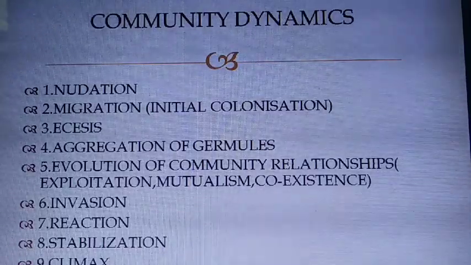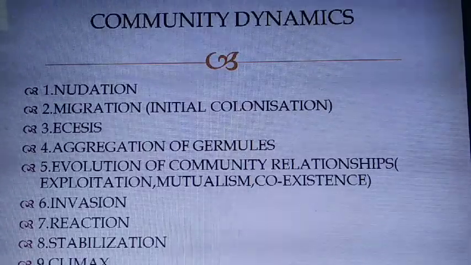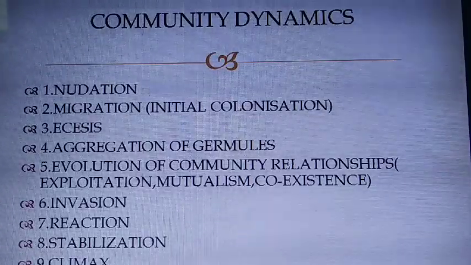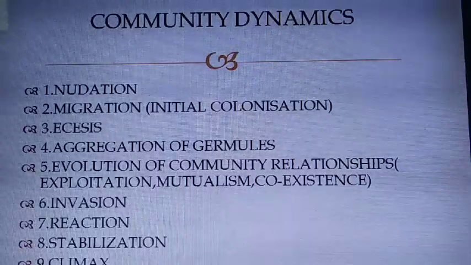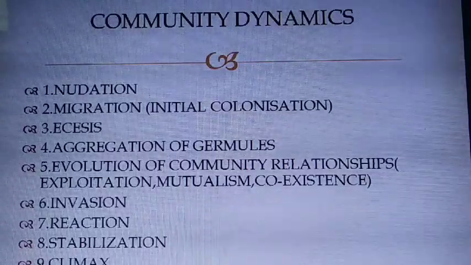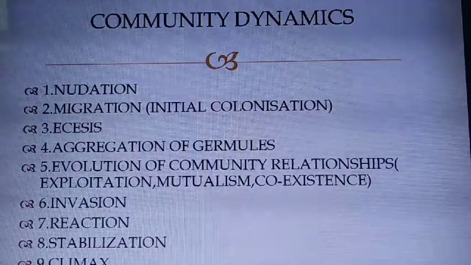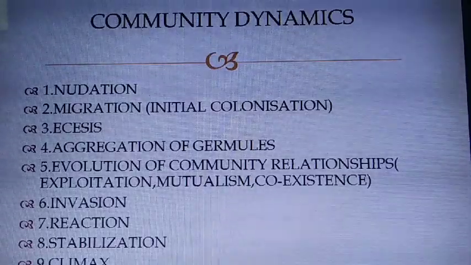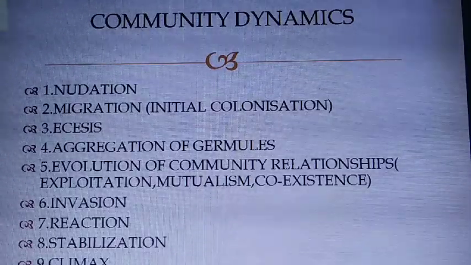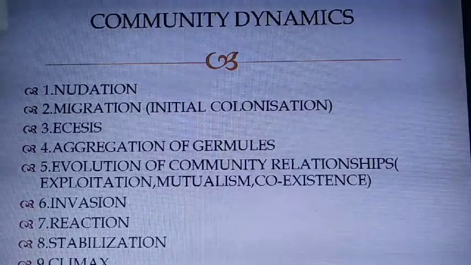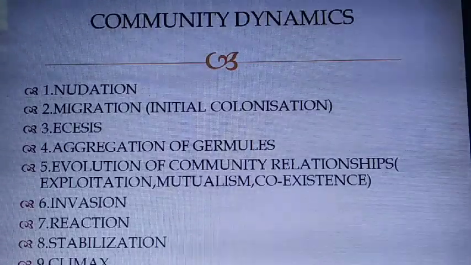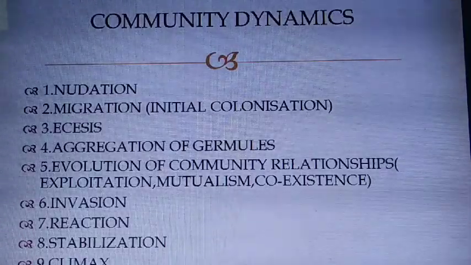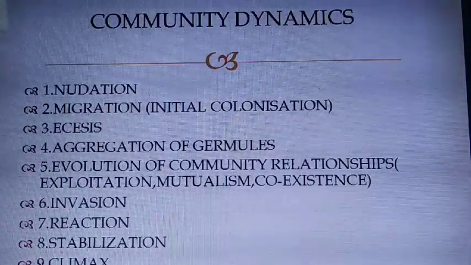When they start establishing, they keep on changing the background, that is the environment in which they are surviving. Then the community, that is the plants, the animals along with the abiotic environment, stabilize the particular community ecosystem, and then it leads to the stable development, leads to the climax community.